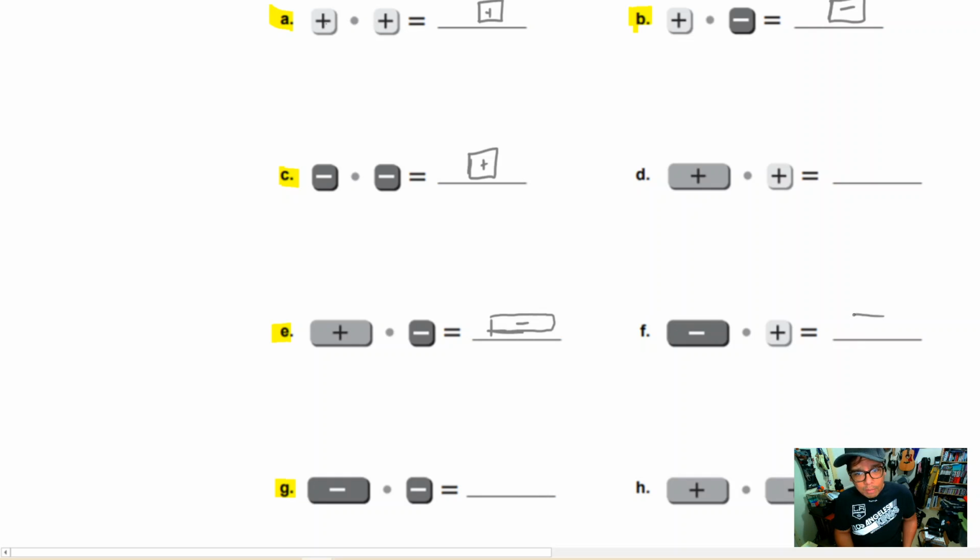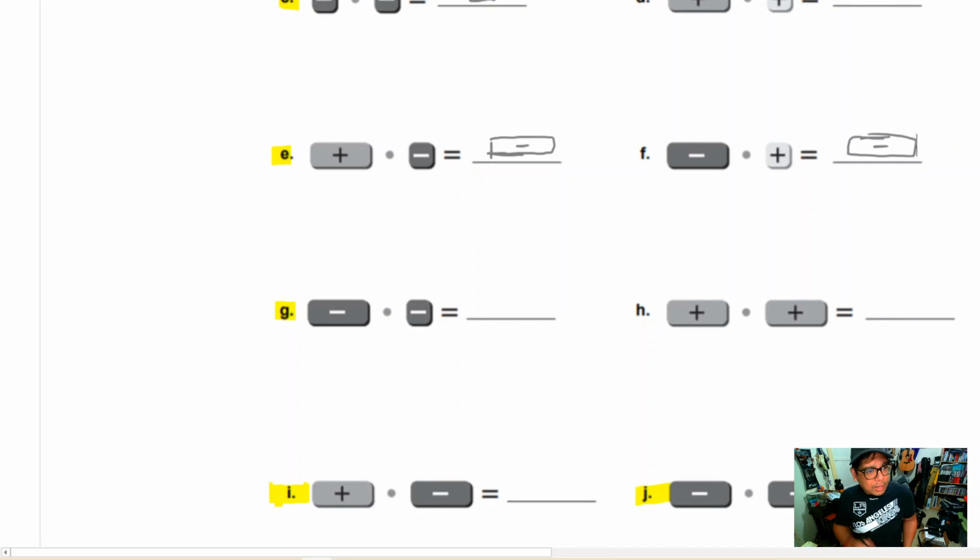So the unit tile means we're going to stay the same shape, but we're going to make it negative because we have a positive and a negative. In letter G, same thing's going to happen. A long X tile multiplied by a small square is going to stay a long tile, but since it's a negative times a negative, that's going to be a positive.